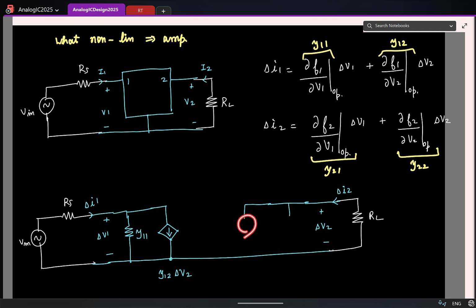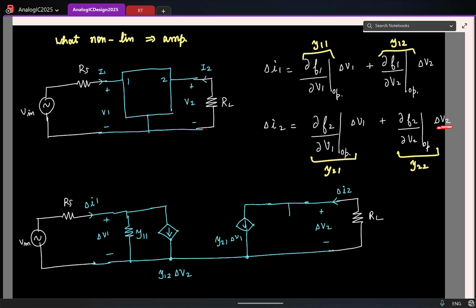So the current in this branch should be a constant times delta V1, and delta V1 is here. So we have to sense this delta V1 and push in a current dependent on that. What do you do to model it? Another dependent current source. So it is basically Y21 times delta V1. This is the first term.